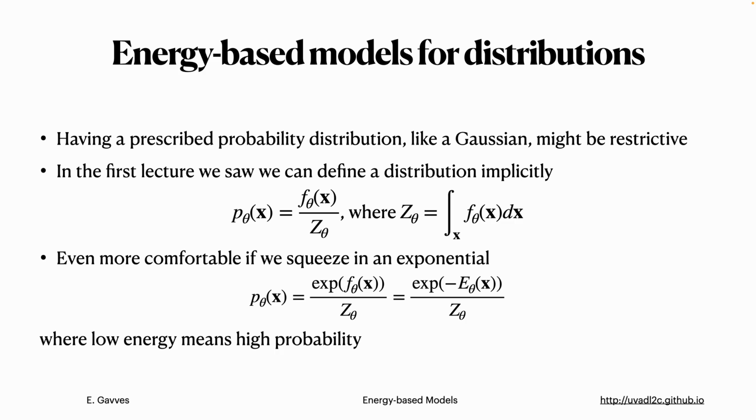You can see this form also in terms of an energy function. So the exponential of your f theta can also be written, as you can see in papers, as the exponential of minus energy. It doesn't change anything in practice, that's just a different way of writing it down. Clear?